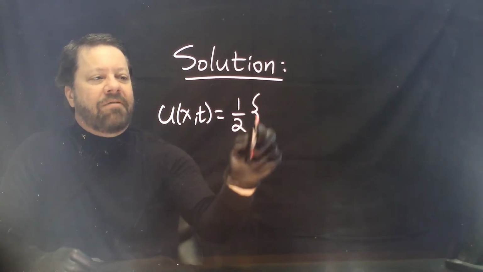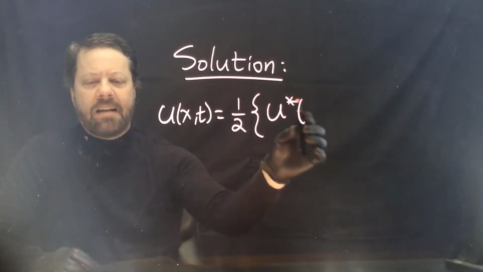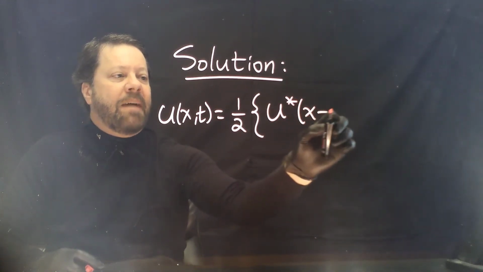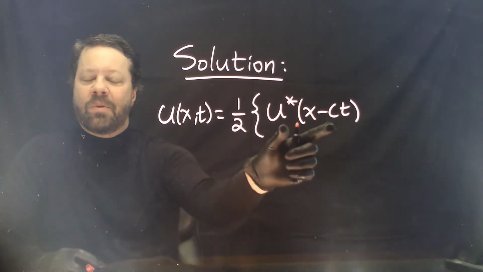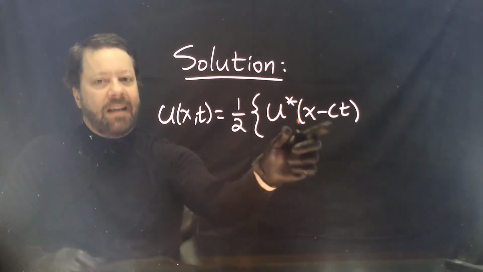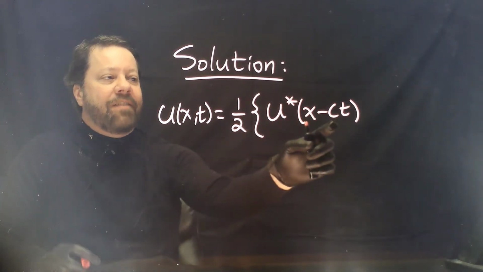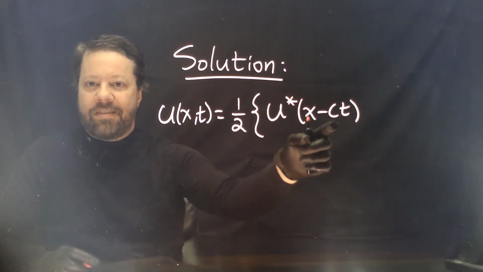We'll take the average of this u star, and we're going to not evaluate this at x, but rather at x minus ct. In this way, we're taking our initial data and making the odd extension of that, and then having the odd extension move to the right at a velocity of c.